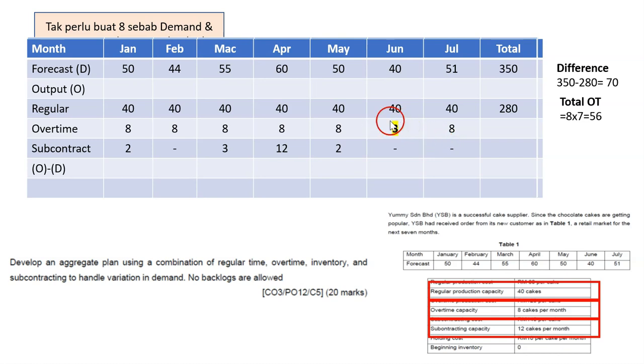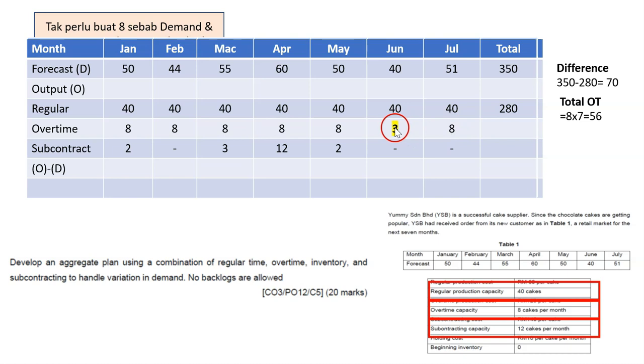That's why we need to adjust. If not, we would decide not to have overtime because there is no need. But when we look at July, they need more. They need 3, but we can ask the overtime to cover it for July.